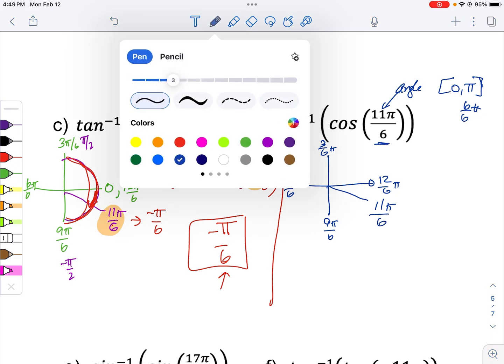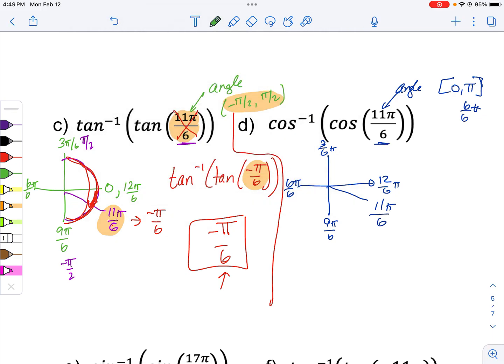So here's where we get into a little bit more difficult question. I know that cosine has to be up in quadrants 1 and 2. So just like we did on Monday, I have to find an angle that has the same cosine value, and we know cosine is x, so the same x value as 11π/6. Well, that means I need to find my reference angle, and I know my reference angle is π/6.